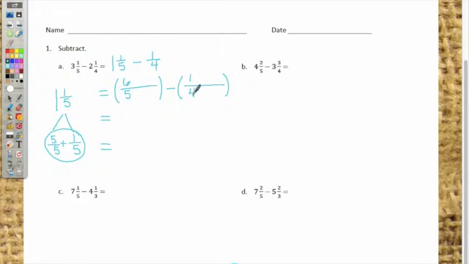Okay. So 6/5 minus 1/4. Common denominator. So 5 times what, boys and girls? And 4 times?